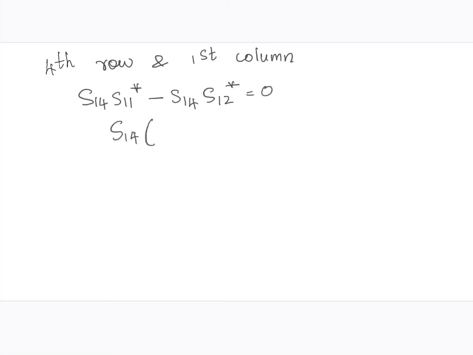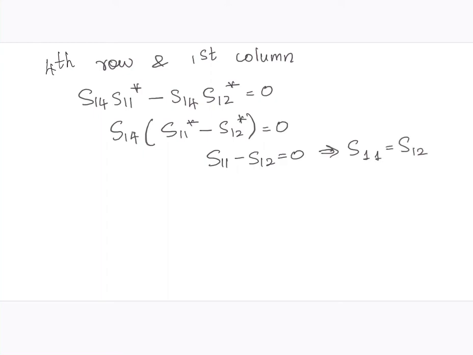So this can be written as S14 into S11 conjugate minus S12 conjugate is equal to 0. S11 minus S12 is equal to 0. So that means S11 will be equal to S12.